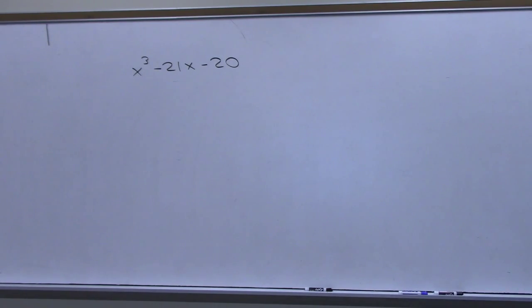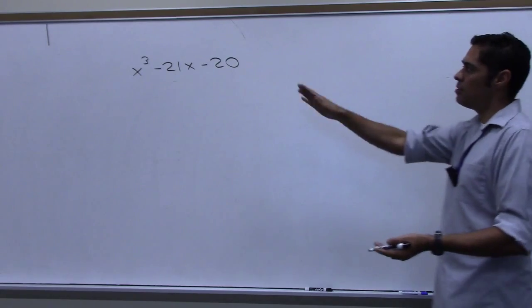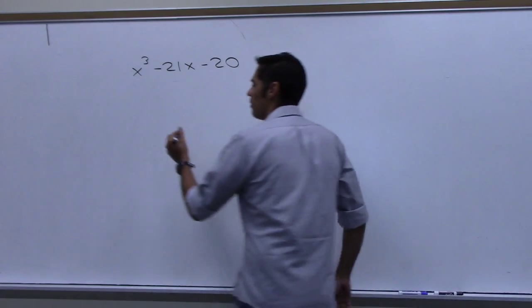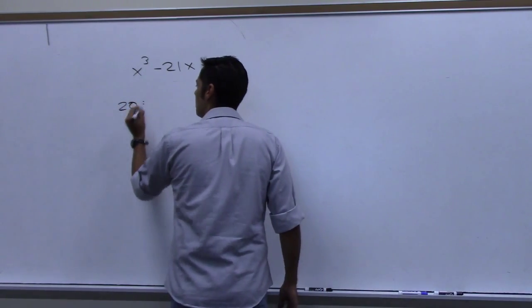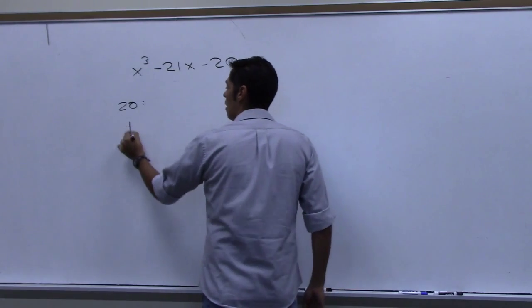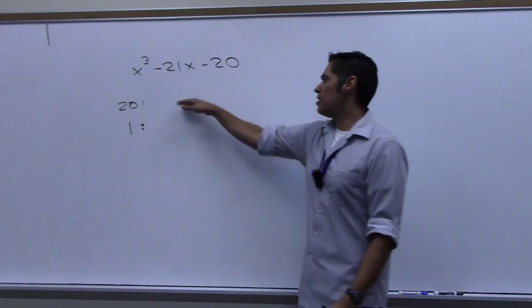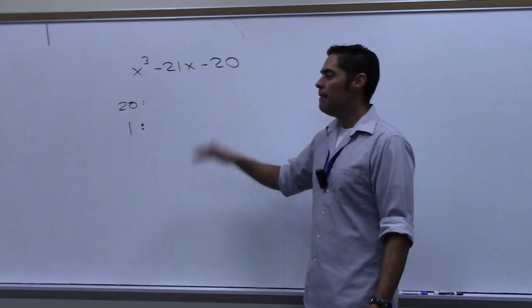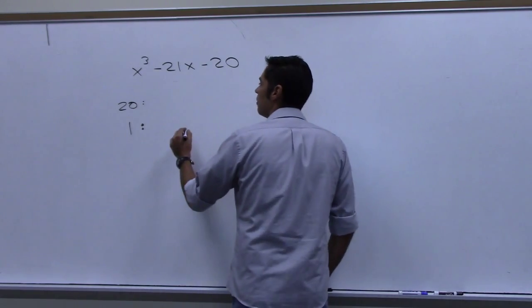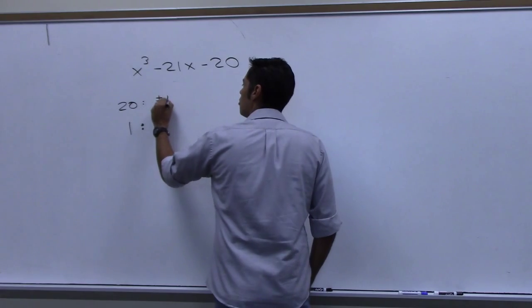test. So first thing is to create the list, right? Make sure it's in descending order. The first number I'm going to look at is 20. What's the other number I'm going to look at? 1. And anytime we see 1, we already know that the list is really going to be just this first list. Okay? So let's write out the factors of 20. How about 1 and 20?